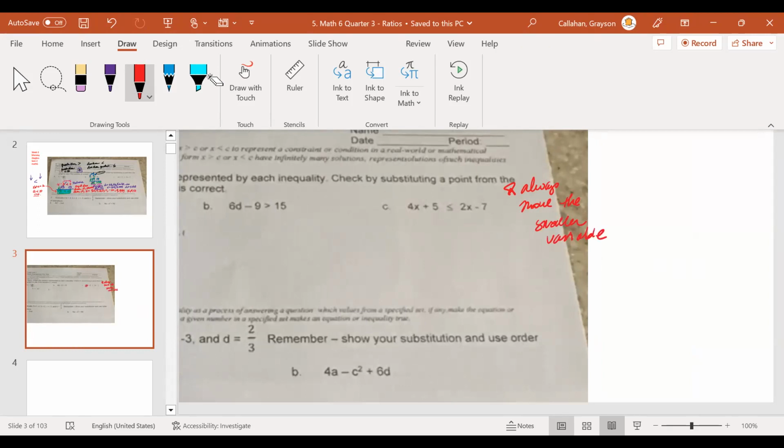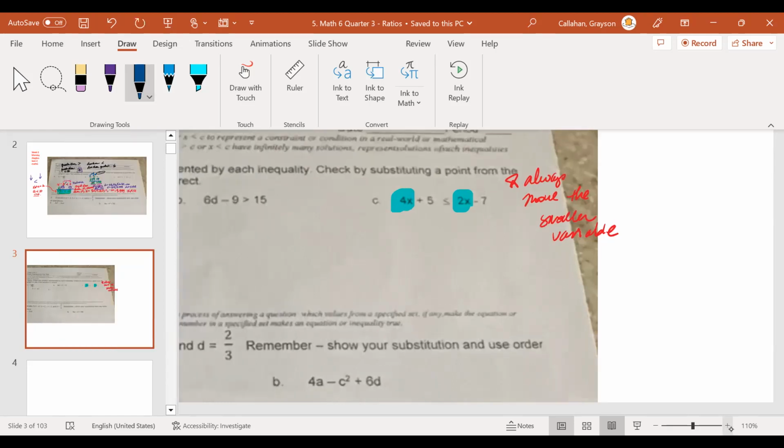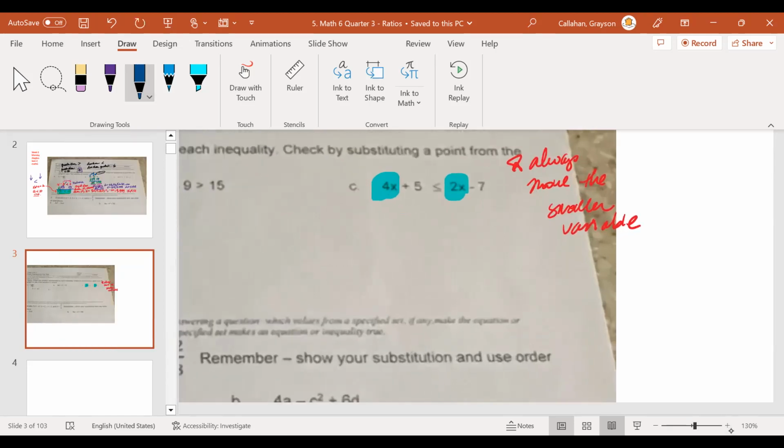Between 4x and 2x, which one's smaller? Which number is smaller, Grayson? 2. Opposite of positive 2x is a?